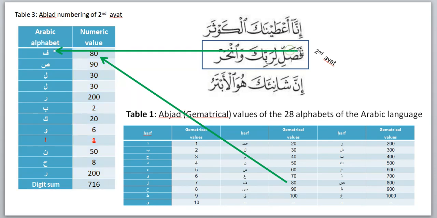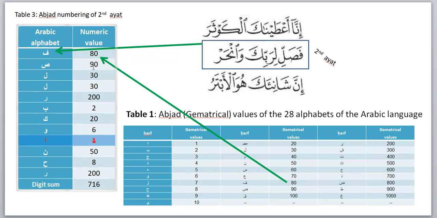If we recite the second ayat, فَصَلِّ لِرَبِّكَ وَانْحَرْ, all the harfs are recited, but alif is not recited. So alif is cut here, and the total sum comes to 716. If we add this alif, it will be 717, but as it is not recited, one is subtracted and the value is 716.